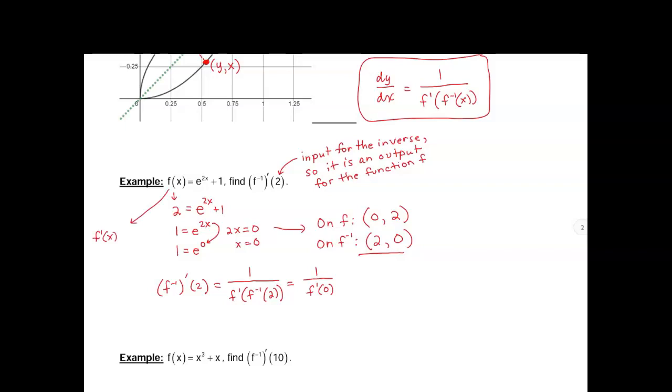The derivative of f is 2e to the 2x. And then you can use it to find f prime of 0, which is 2 times e to the power 2 times 0, or 2 times e to the 0 power. And we already covered the fact that e to the 0 power would be 1. So we're getting 2 as the value. So that means this answer is 1 over 2.